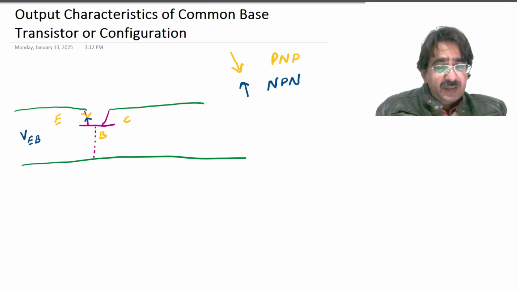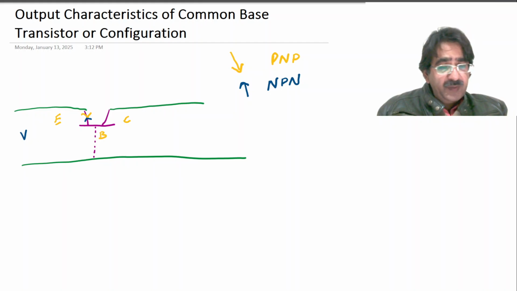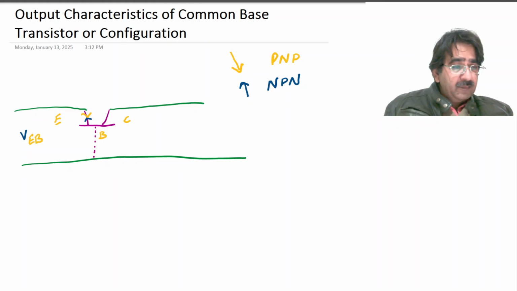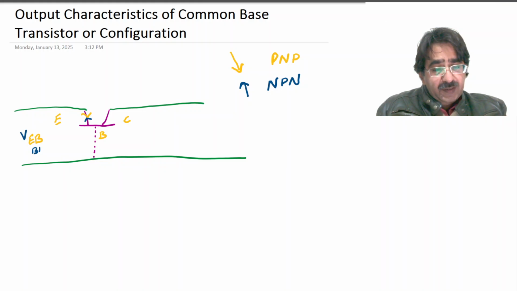So for PNP the input voltage will be V_EB, and for NPN that will be V_BE.